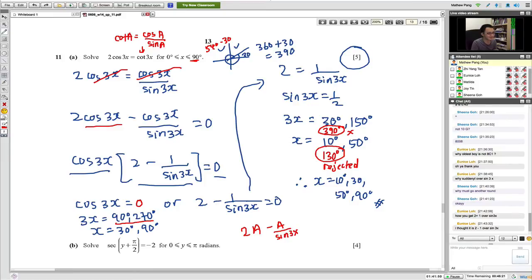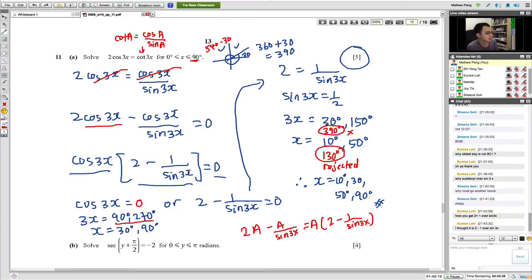Then I factorize out the A. So I have 2 minus 1 over sine 3x. This is how I get it. Yeah, correct, 2 minus 1 over sine 3x.